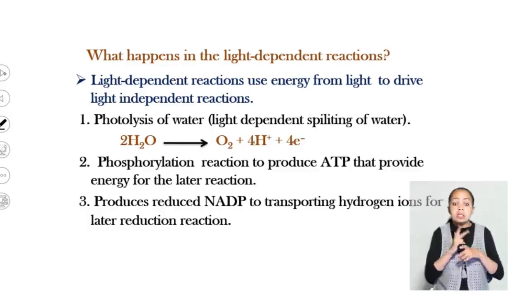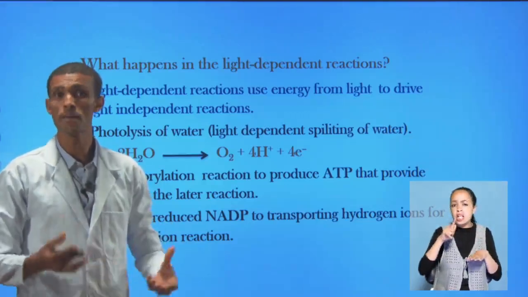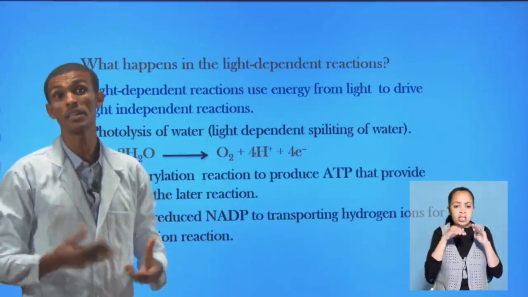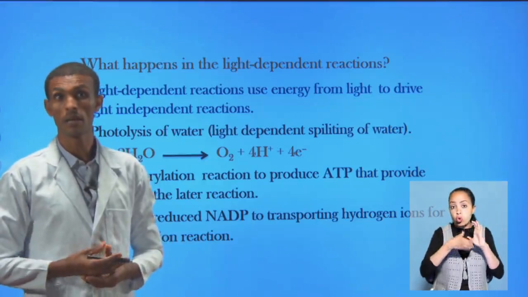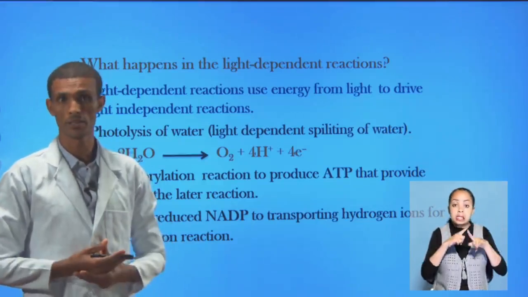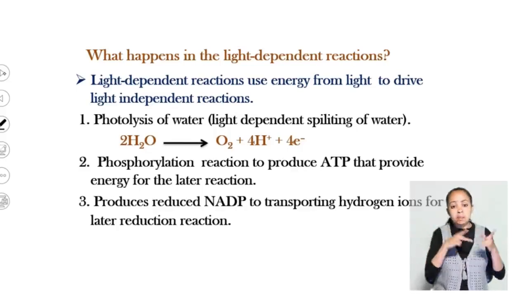There are three main reactions that take place over the surface of the thylakoid membrane, which are very important for the later reduction reaction in the fluid stroma of chloroplasts, a light independent reaction. So the reactions that take place in the thylakoid membrane are very important in driving the light independent reaction.